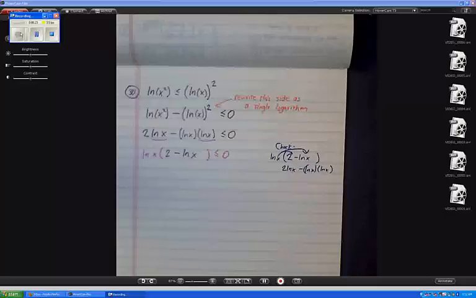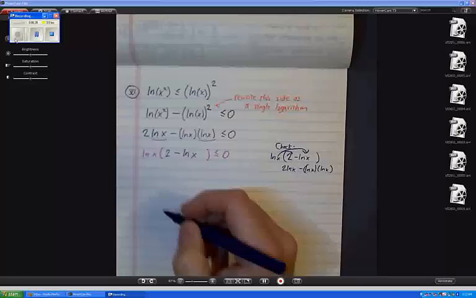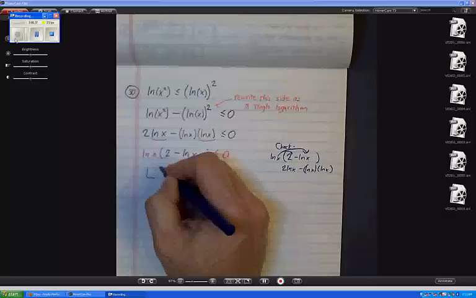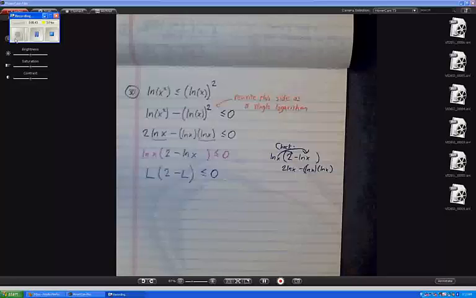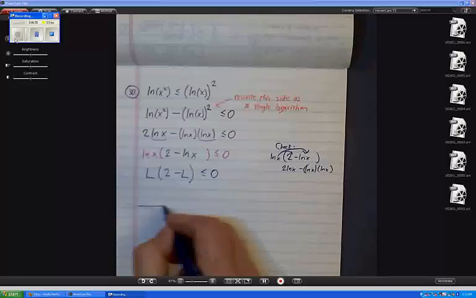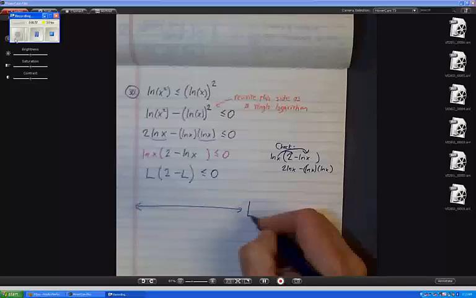I think at this point I'd like to do a sign diagram. So what I'm thinking of, guys, is this kind of a problem. L times 2 minus L is less than or equal to 0. Is that something you'd be able to do a sign diagram for? If I just use capital L's? Here, let's make a line. This is a line with capital L's.